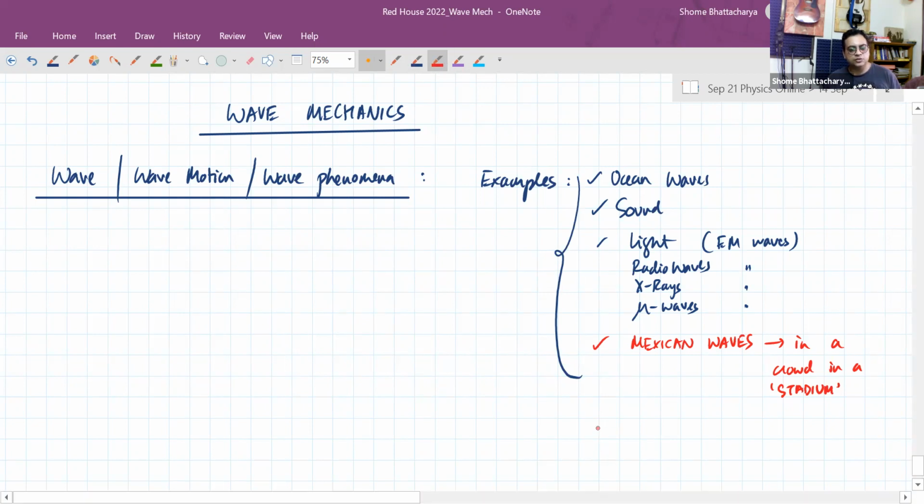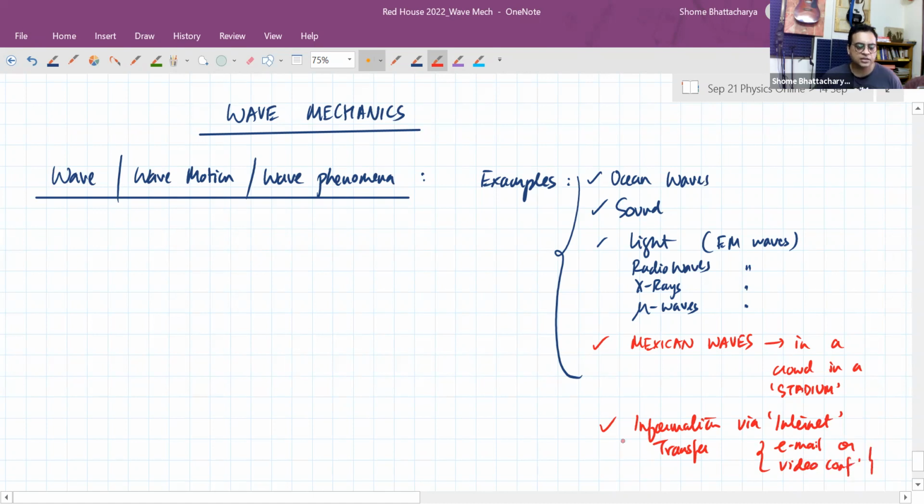You take the whole situation of information transfer via internet, whether it is through email or video conferencing or anything like that. If any information is passed from one point to another via internet, I'll definitely say it is a wave phenomenon.